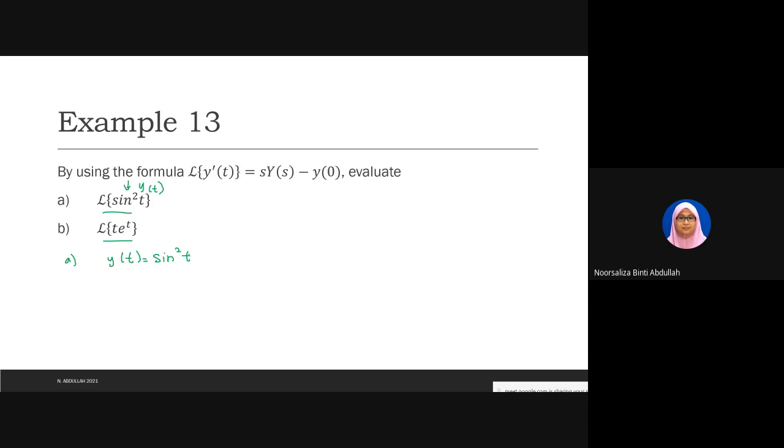So sin square t, kalau you bezakan, you akan dapat apa? Y prime t, you bezakan sin square t. What you get?